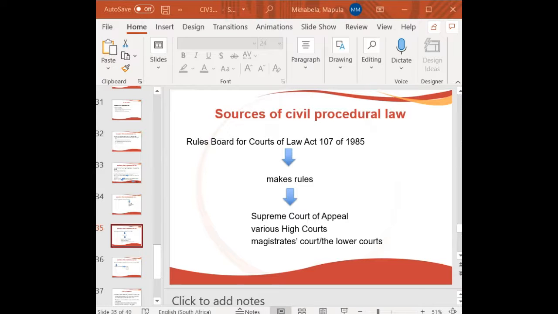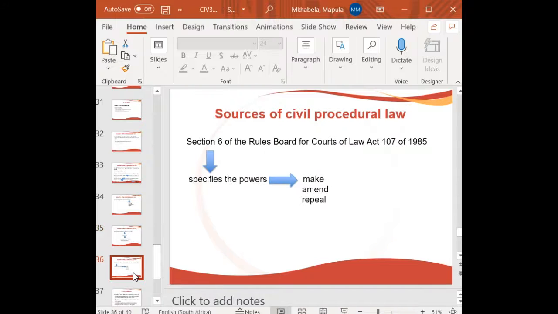These forms contain the wording of various processes mentioned in the rules. This is done for the benefit of litigants and legal practitioners, as well as to maintain uniformity and consistency. Okay, this is section 6 of the Rules Board for Courts of Law Act.